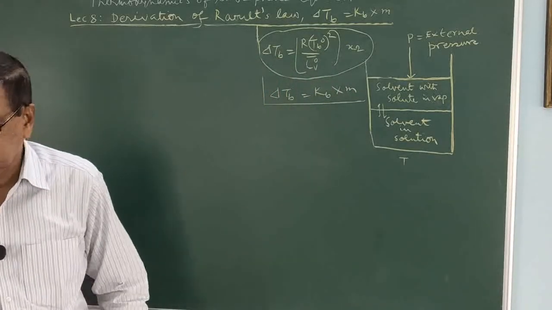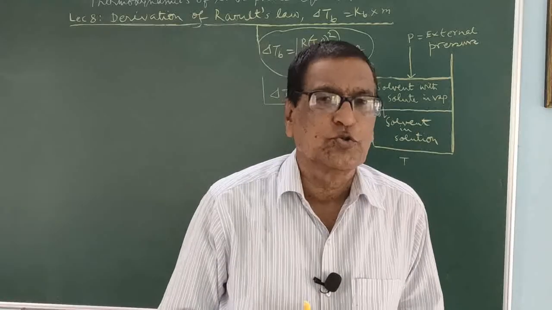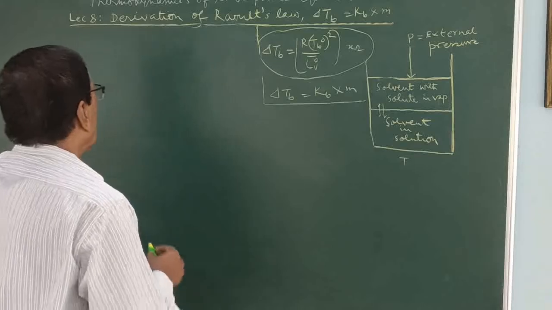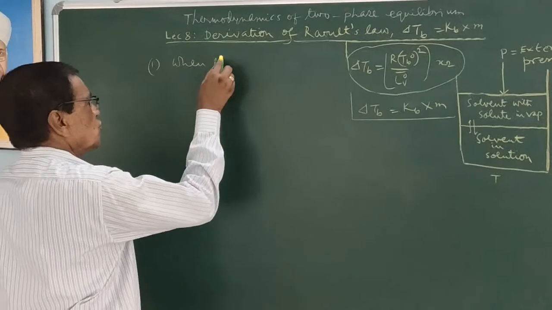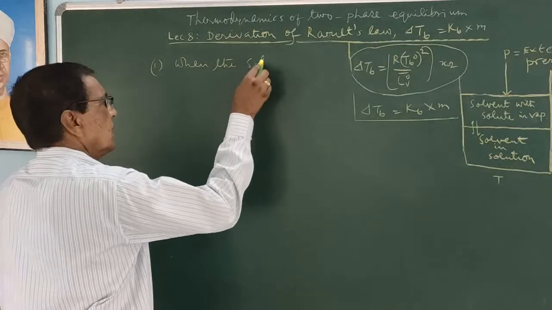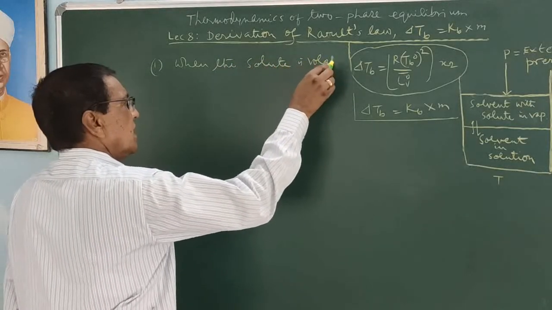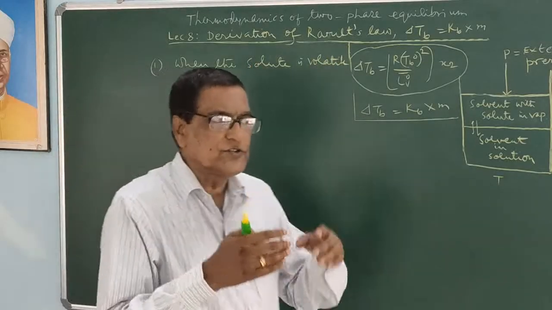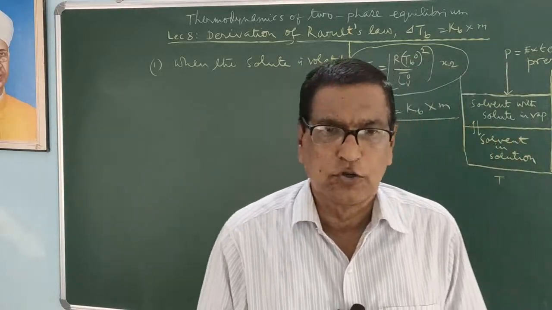During this derivation, I can show two aspects. One aspect is when the solute is volatile, means a solute is volatile, dissolved in a volatile solvent also.